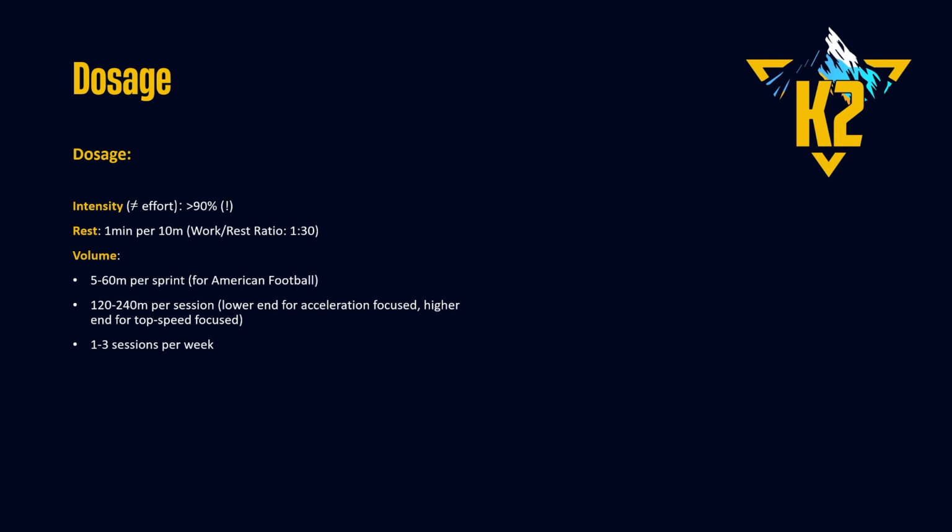The sprints themselves usually are within 5 to 60 meters. You can't really call it a sprint if you do it for less than 5 meters. And in the case of American football, more than 60 meters is also kind of rare, so we're not going to implement it on a regular basis. Within the week, this should be somewhere in between 1 to 3 sessions.